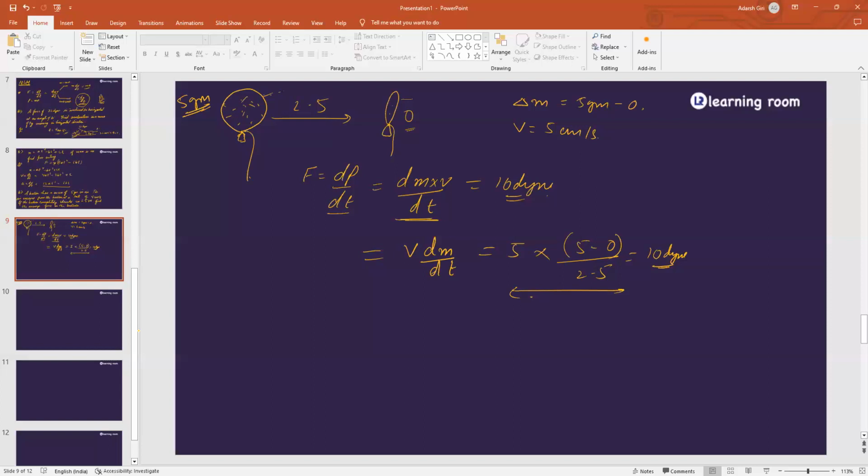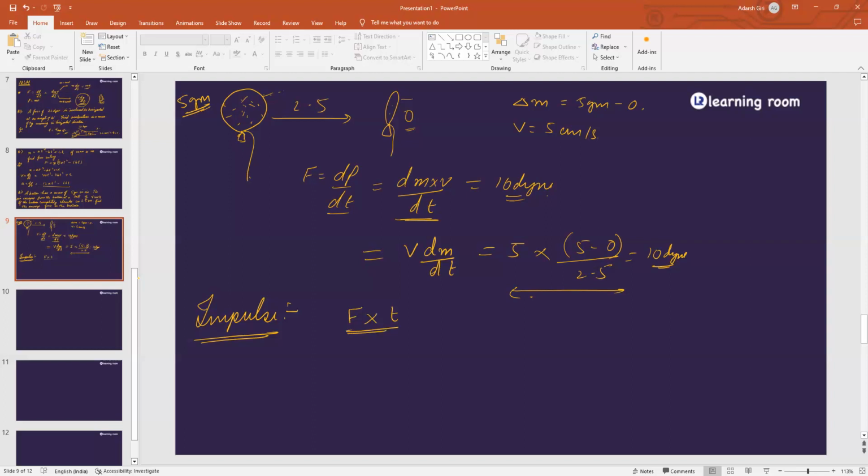Okay. So this was 2-3 questions from the rate of change of momentum part. Let us solve some questions related to impulse. Prior to that, I need to discuss something. You know what is impulse? Change in momentum. Force into time.